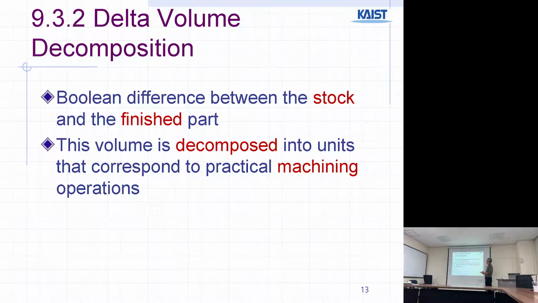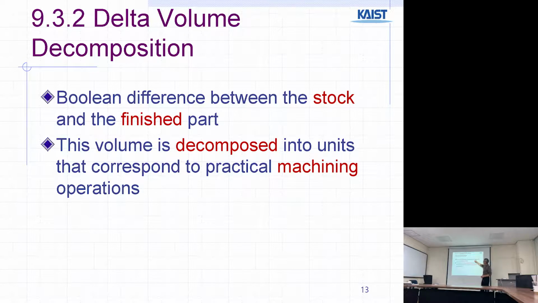The delta volume means difference from stock. Stock is the raw material, box of steel. Then you're trying machining to arrive at the final result, right? The starting point of machining, we call this stock.